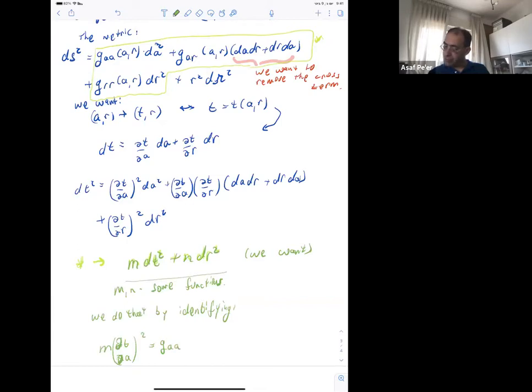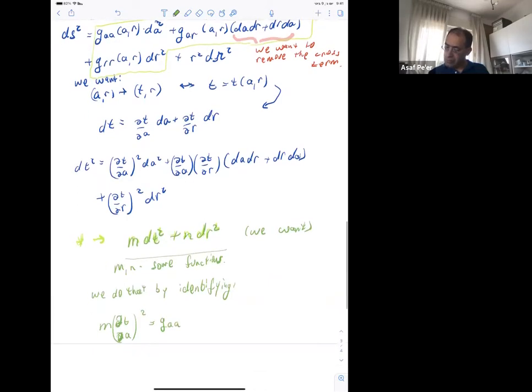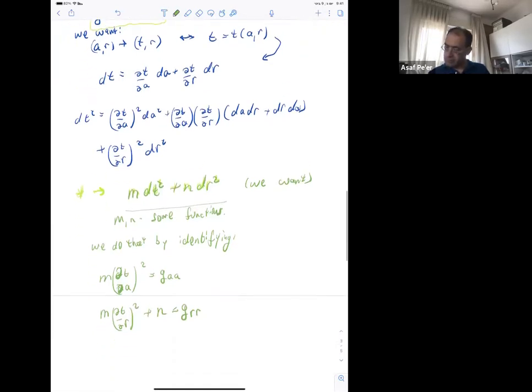For the G_RR, we have m (dt/dr) squared plus n is equal to G_RR, which comes from the dr squared here. And finally, m times dt/dA dt/dr is equal to G_AR.